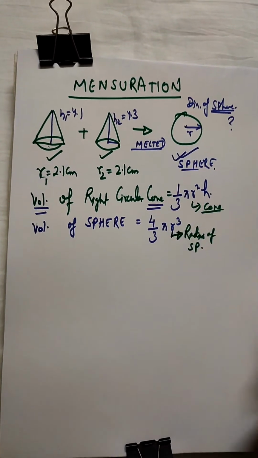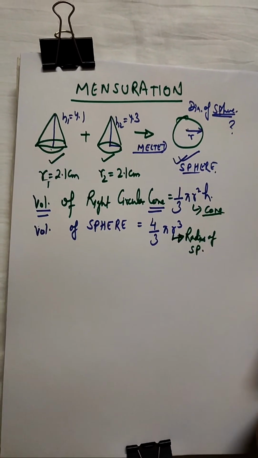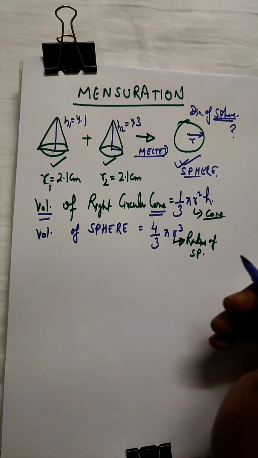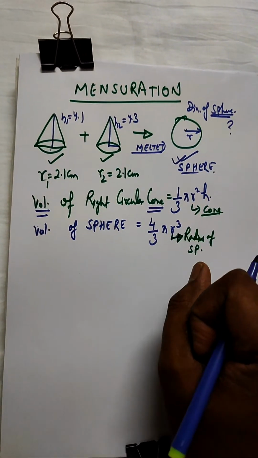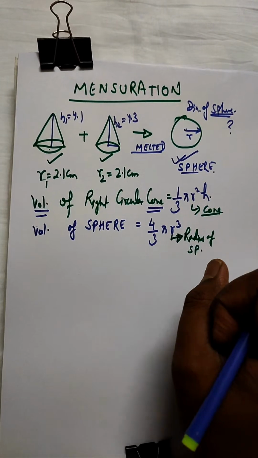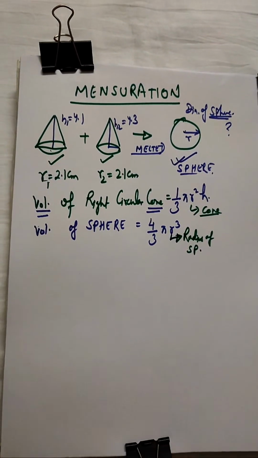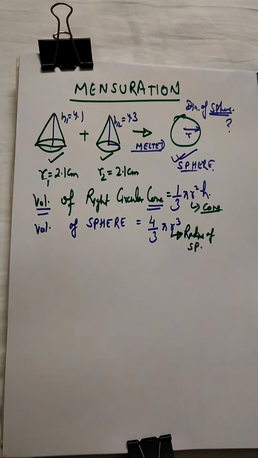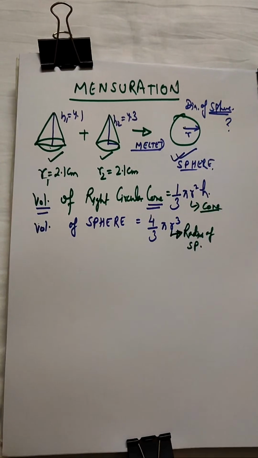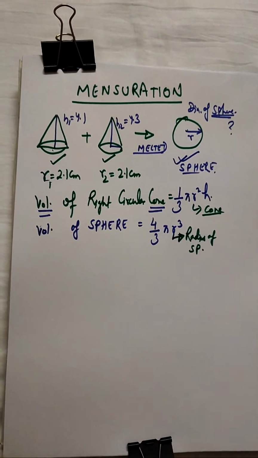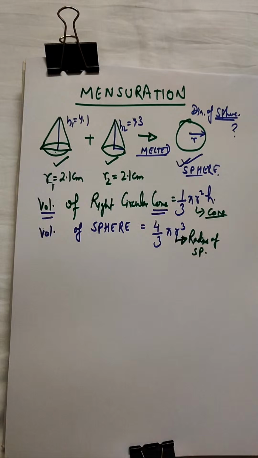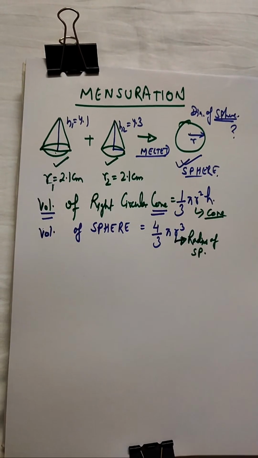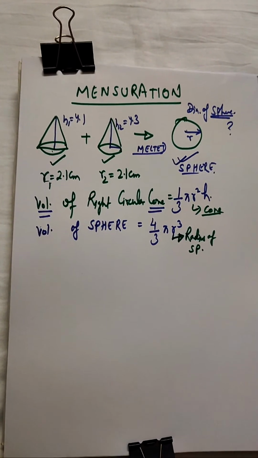Now the volume of a right circular cone is known to us, so let us directly solve the question. The question is that the two cones are melted to form a sphere. So definitely the volumes of both the cones add up and will be equal to the volume of the sphere.